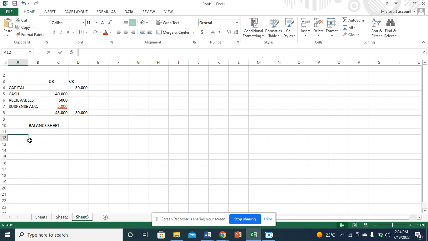So on your balance sheet under current assets, you have your suspense account there, suspense. That's if your suspense account has a debit balance.